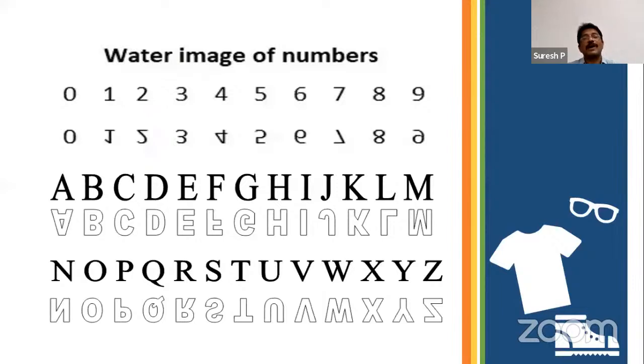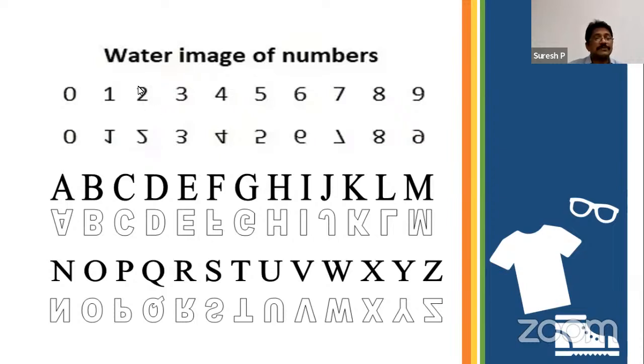Okay, what is the water image of numbers and at the same time letters? So when you consider 0, 1, 2, 3, 4, 5, 6, 7, I have taken. So 0 mirror image in this mode, 1 mirror image in this mode, sorry, water image.